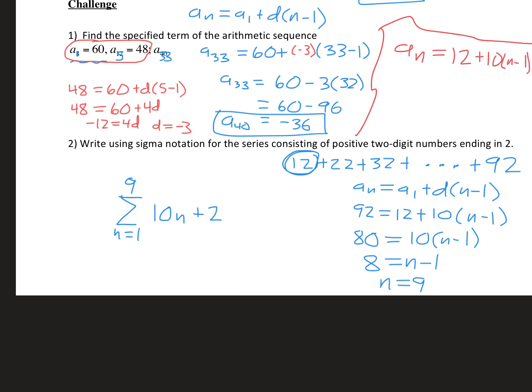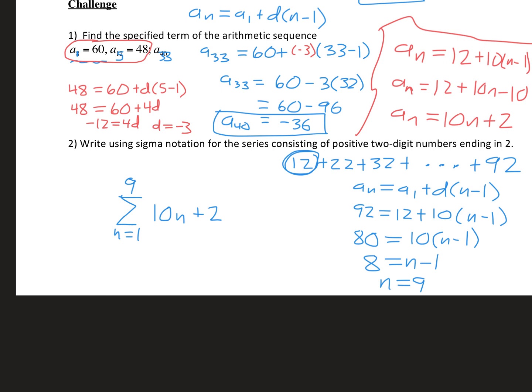So this is a way you could figure out the formula. 12 plus 10n minus 10. So an equals 10n plus 2, which is what I just found.